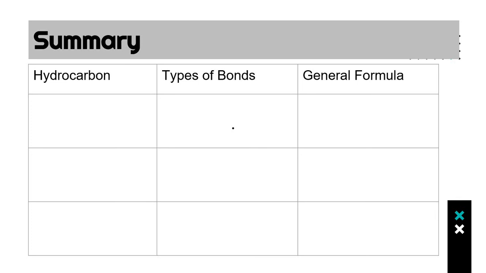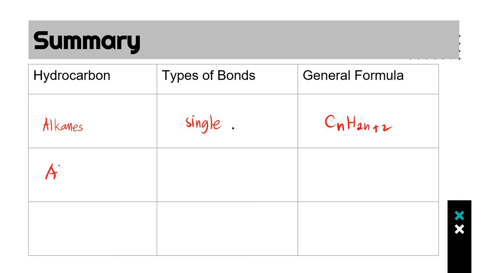Summary now. The first hydrocarbon that has single bonds is called alkane. Single. General formula is CnH2n plus 2.